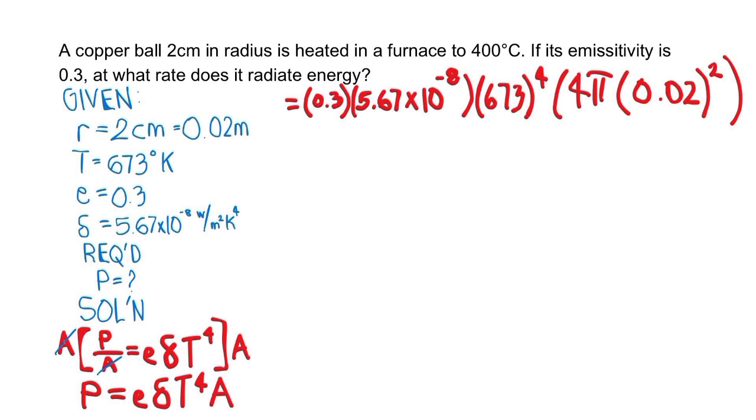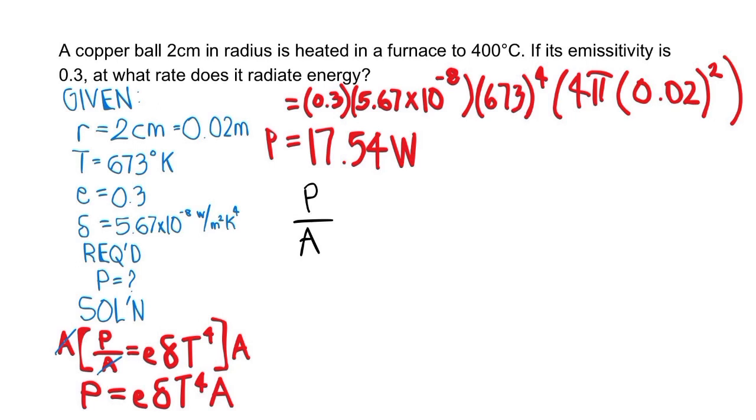Substitute the values into the formula. 0.3 times 5.67 times 10 raised to negative 8 times 673 raised to 4 times the surface area of a sphere, which is 4 pi r squared, where r is 0.02. Input this into your calculator and it would give an answer of 17.54 watts, and that would be our P.